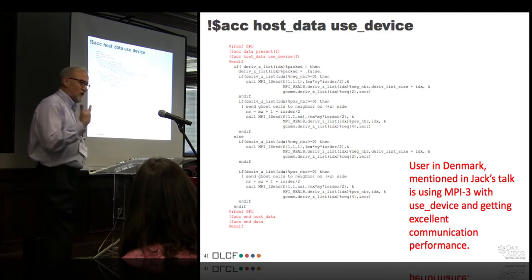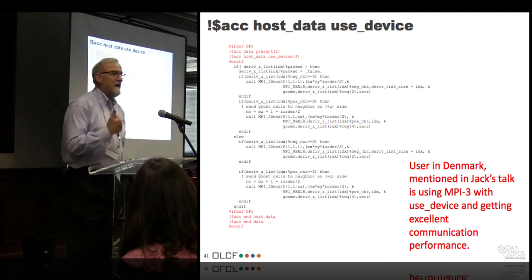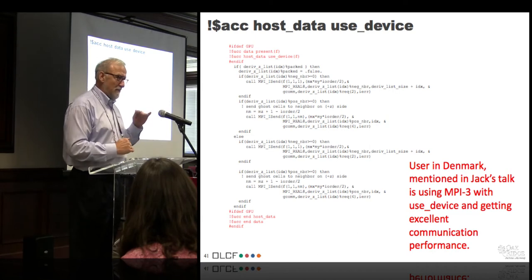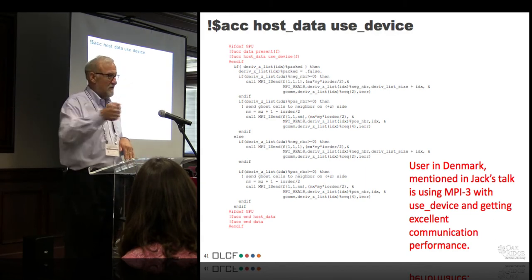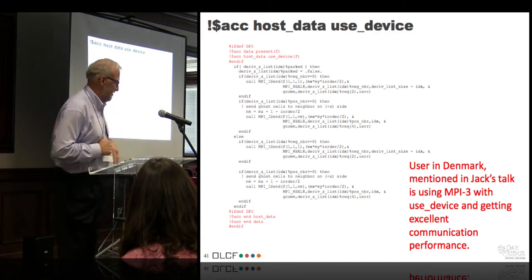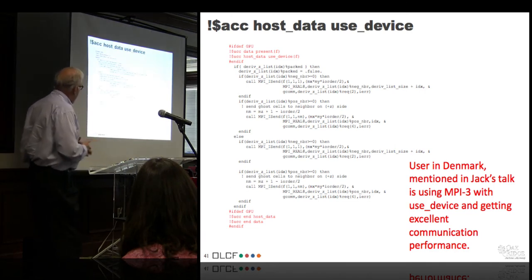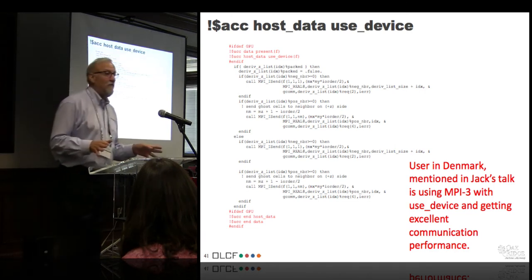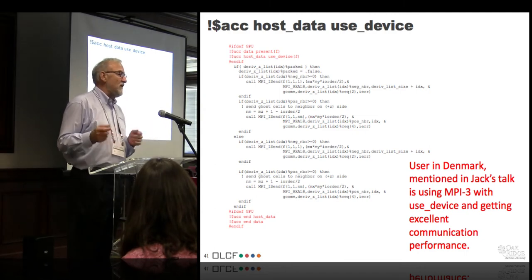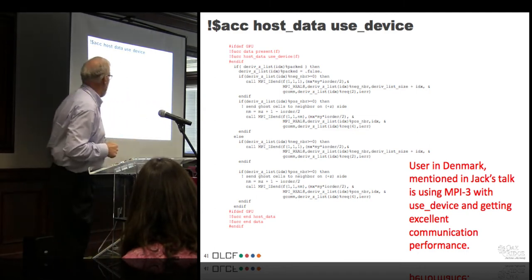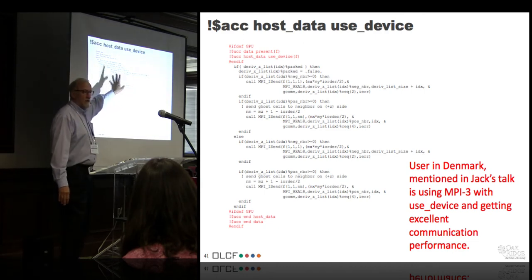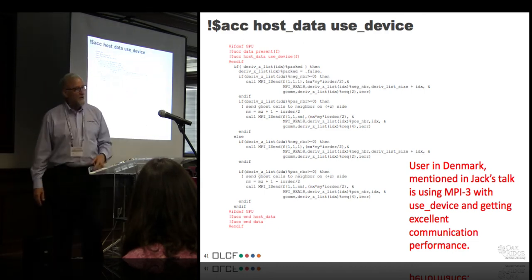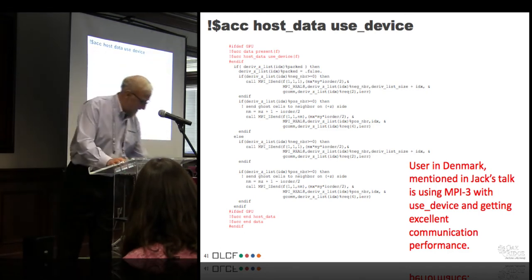If the message is larger, it has found that pipelining the transfer on the host is faster than sending it directly to the interconnect. So using this will get you the best performance. However, it might not be true GPU direct. And this is the other thing where you could easily use a CUDA library call, that kind of thing.